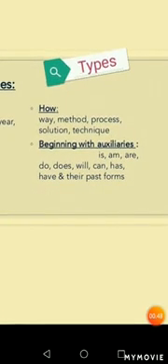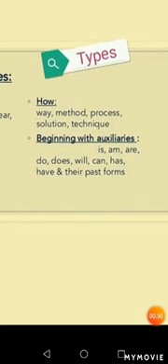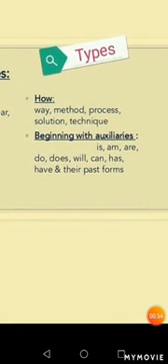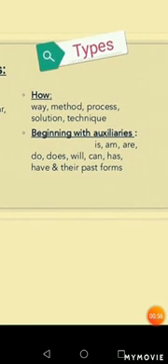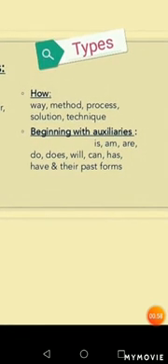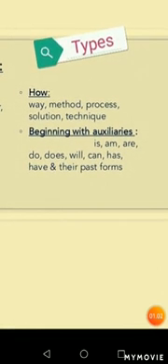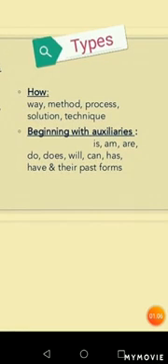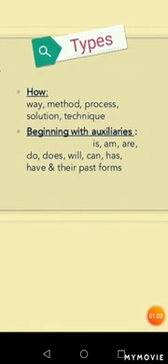The second type of questions is close-ended questions. They have limited response options that require certain answers. We typically refer to questions with yes or no responses as close-ended. So all those questions beginning with auxiliaries like is, am, are, do, does, will, can, has, have, and their past forms are close-ended questions.